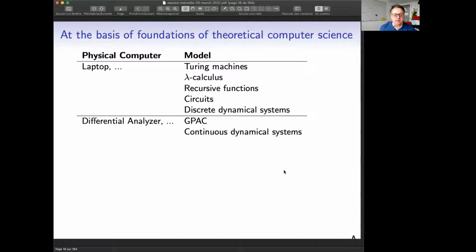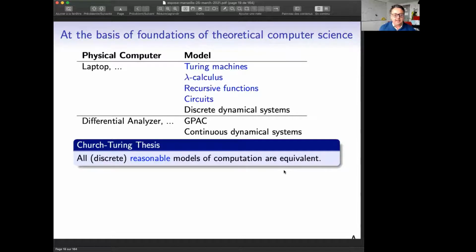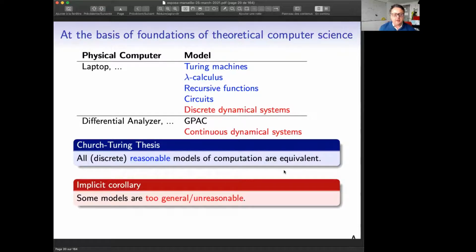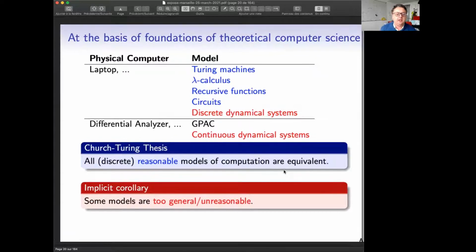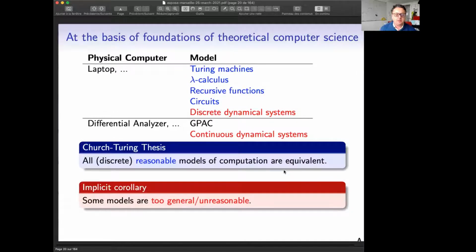So you know, I guess you heard at least about the Church-Turing thesis that says that all reasonable models of computation are equivalent, which is clearly true for discrete time and space models, or at least admitted. And when we try to formulate the Church-Turing thesis, and when we say reasonable, it means implicitly that some of the models are considered as being not reasonable.